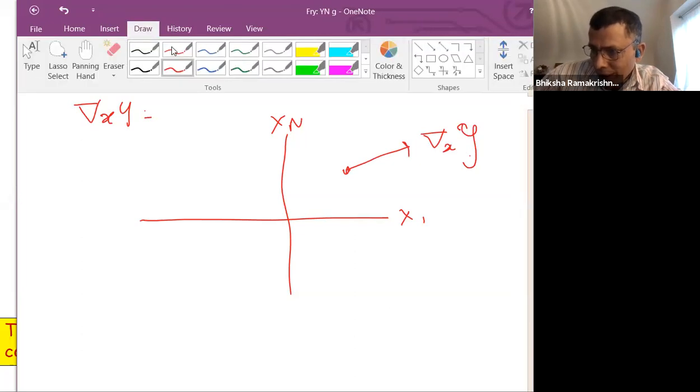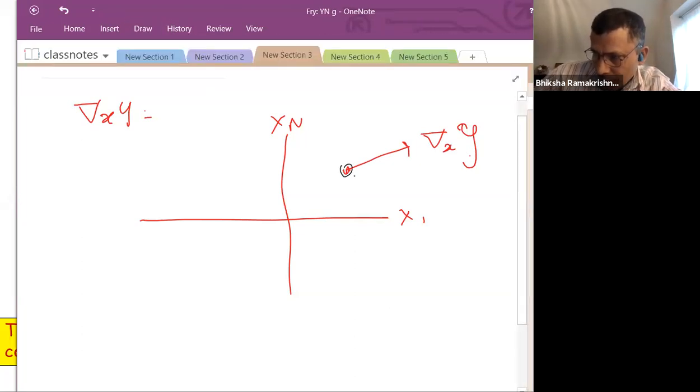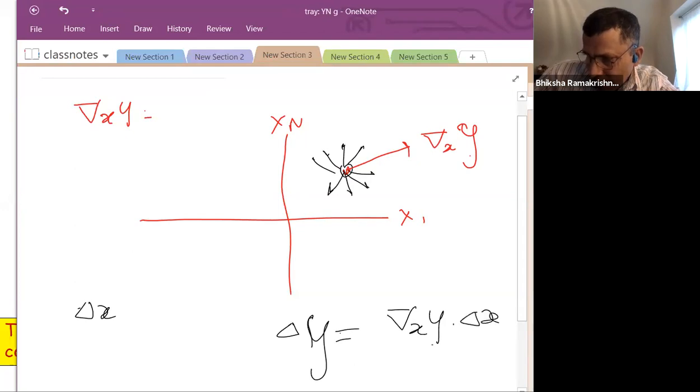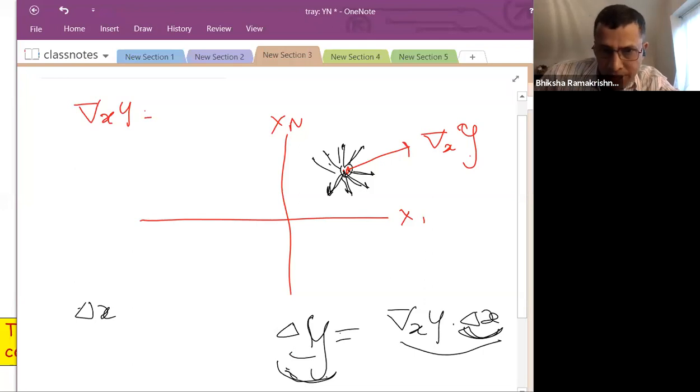When I decide to take an increment delta x, I could take the increment in pretty much any direction. The property that delta y equals the derivative times delta x should hold regardless of which direction I'm taking my step in. But depending on the direction, the increment in y is going to be different.